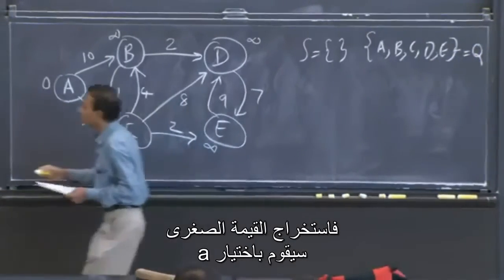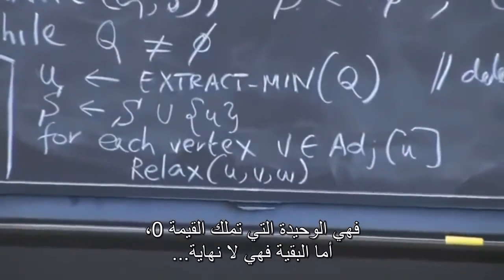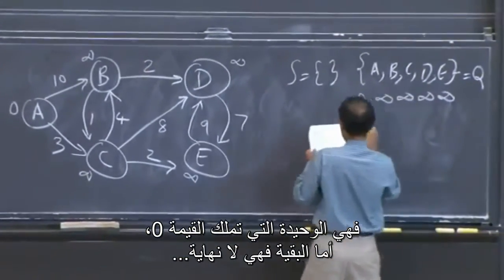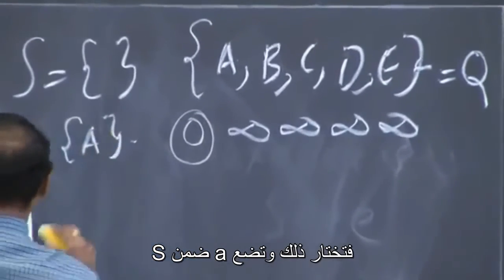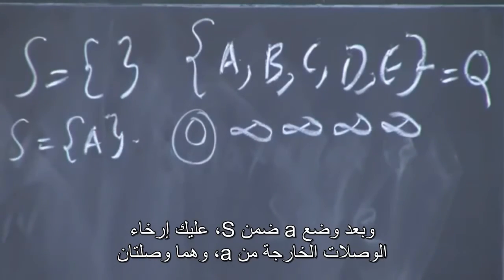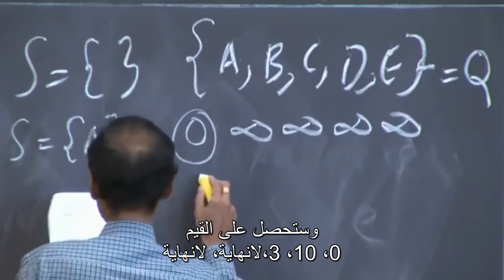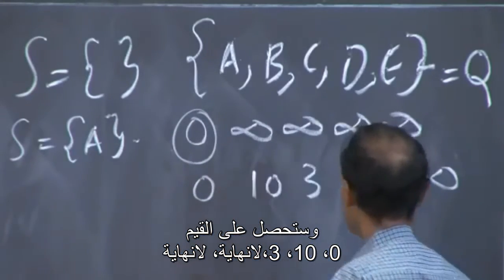Extract min is going to select A. That's the only one that is 0, because you have 0, infinity, infinity, infinity, infinity. You select that and set S to be A. Once you set S to be A, you relax the edges coming out of A, and there are 2 of them. So you end up with 0, 10, 3, infinity, infinity.